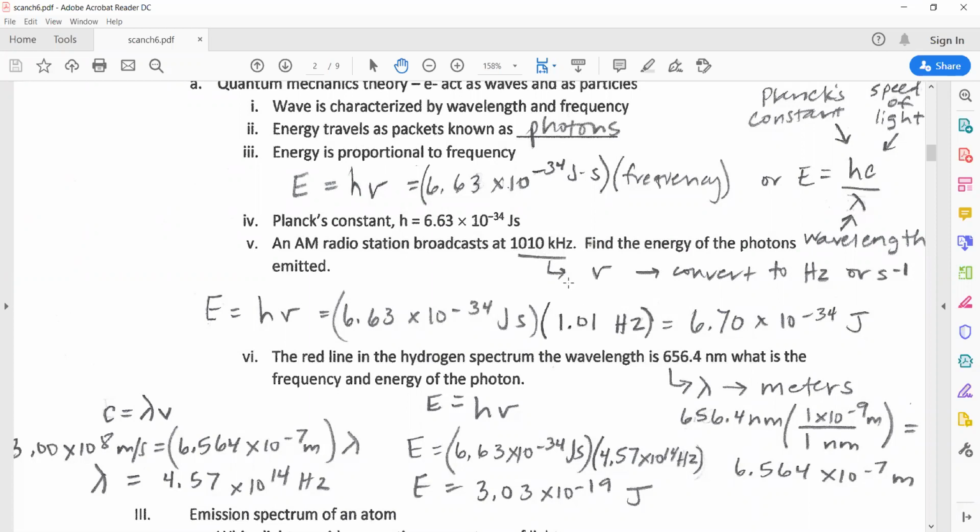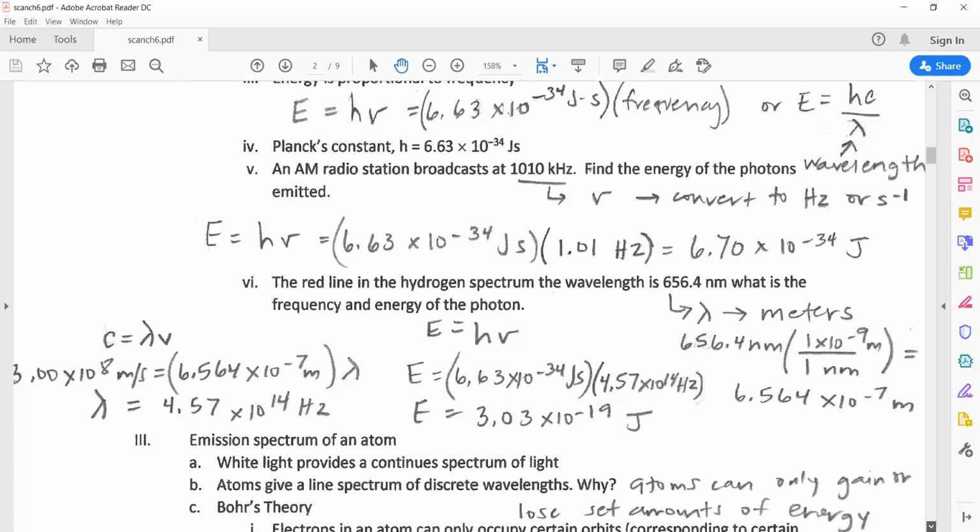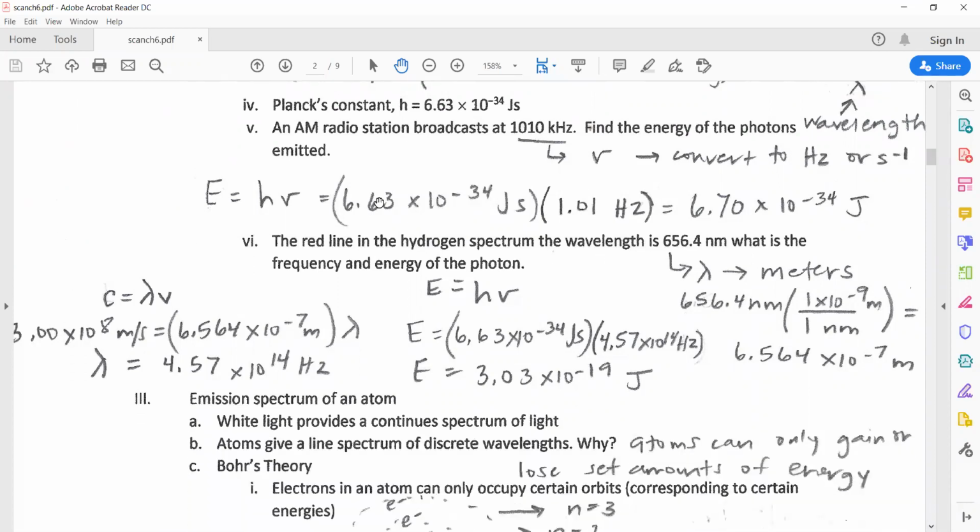So multiply by 1,000. This hertz value is off. I will update that, and therefore our answer is off. But this does walk you through Planck's constant times frequency. We have to make sure it gets into hertz correctly, preferably, and then we'll get into our joules. Okay? That'll be updated on the guided notes filled in.